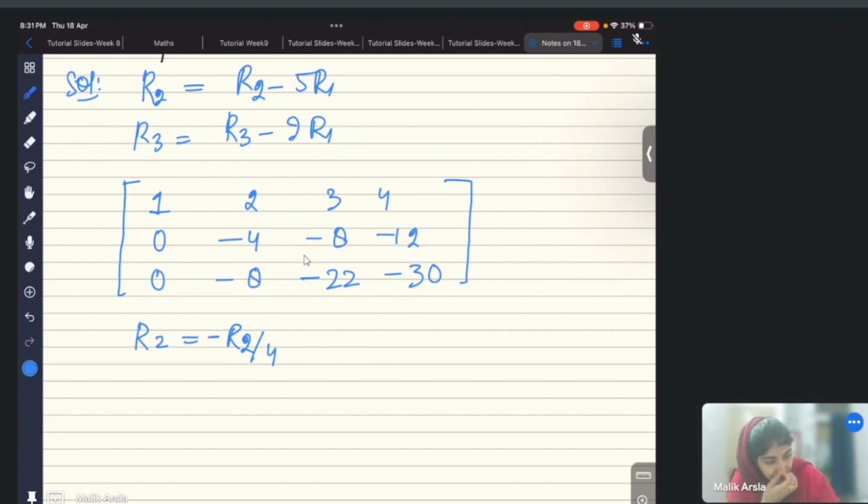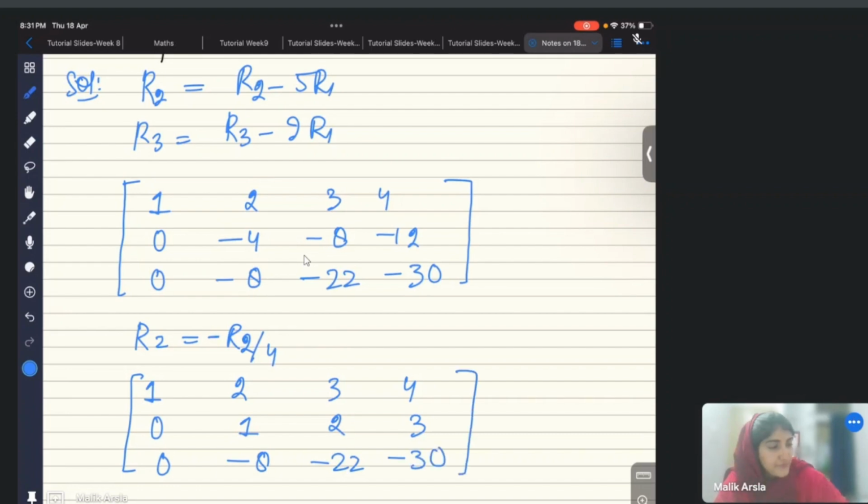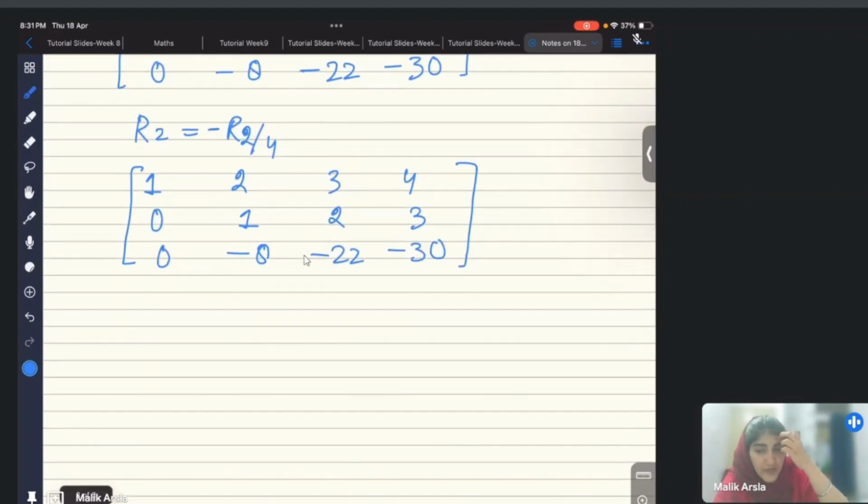It will change it into 0, 1, 2, 3, and the third row 0, minus 8, minus 22 and minus 30 remains as it is. Now we have to focus on these two elements 2 and minus 8 and try to make them 0.